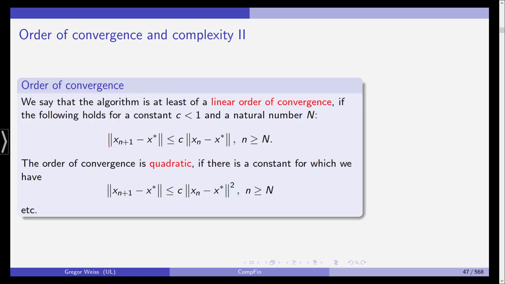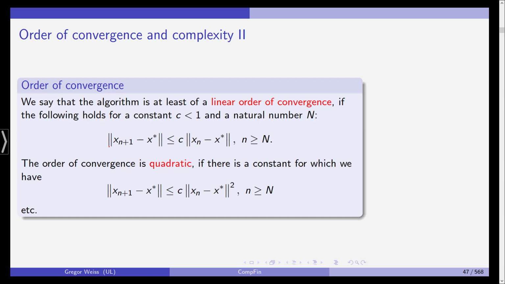The order of convergence is defined by saying, for example, that an algorithm is at least of linear order of convergence if the following holds for a constant c smaller than 1 and a natural number n: |xn+1 - x*|, as an absolute number or as a norm, is smaller or equal than c times |xn - x*|. Meaning, the difference between the best solution xn and the true solution becomes smaller, and if it's smaller than c times the previous difference, then we say it has a linear order of convergence.